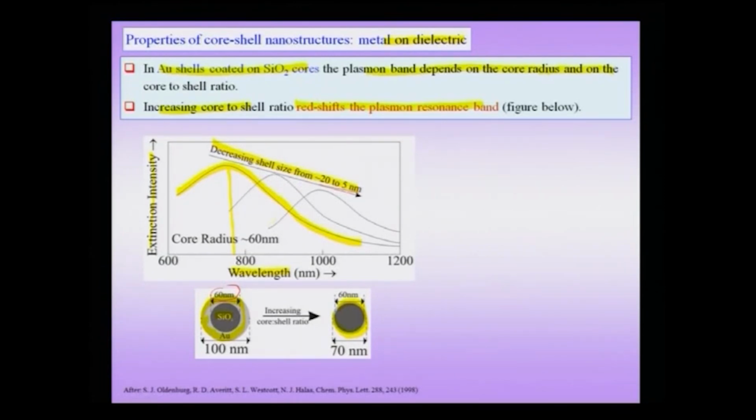When I make the shell thin, about 5 nanometers, then I see that there is a shift towards the red region. That means this is now towards the lower energy region. So, this shift is actually opposite to what we have been talking about so far for the case of the semiconductor nanoparticles. So, this is a very interesting case of a core shell structure.